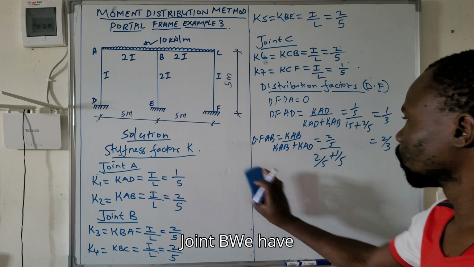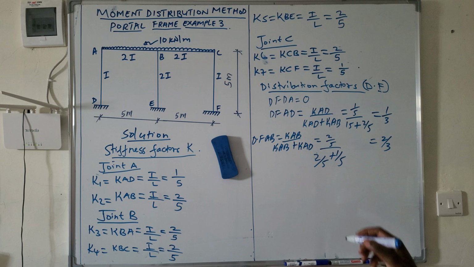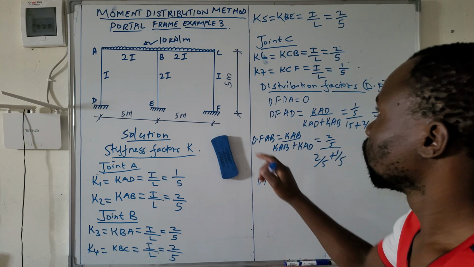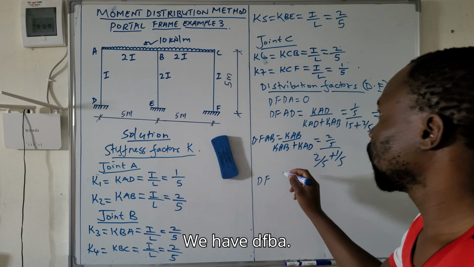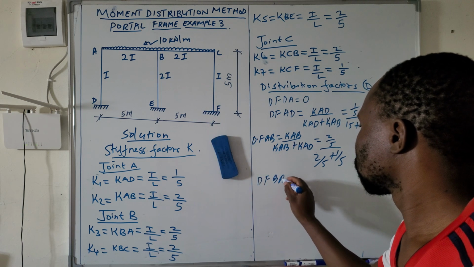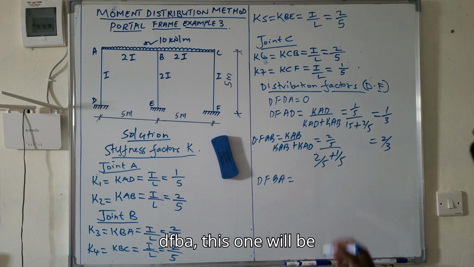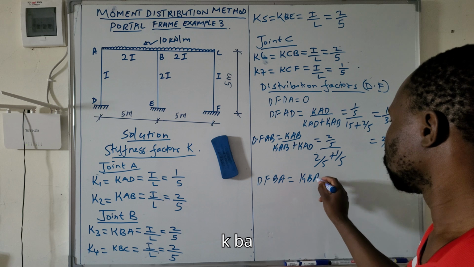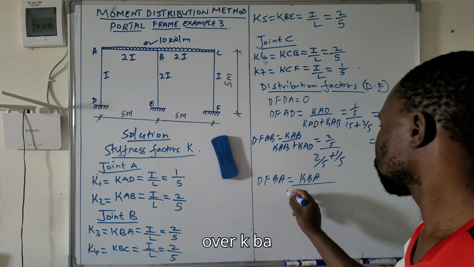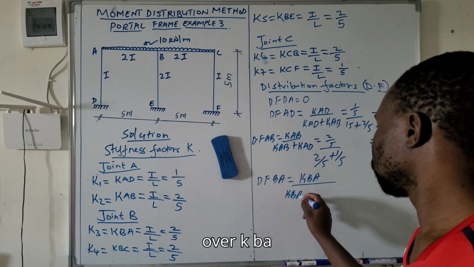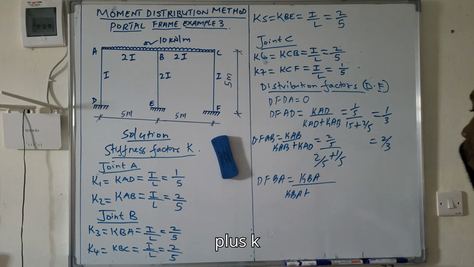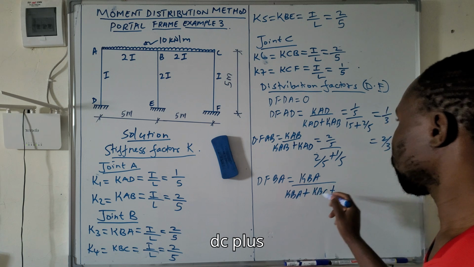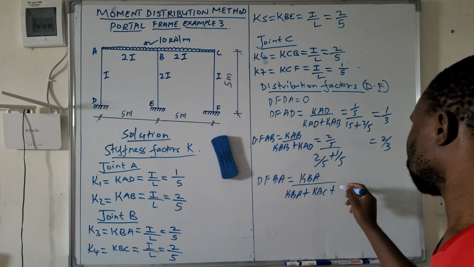Joint B, we have DF BA. DF BA will be KBA over KBA plus KBC plus KBE.